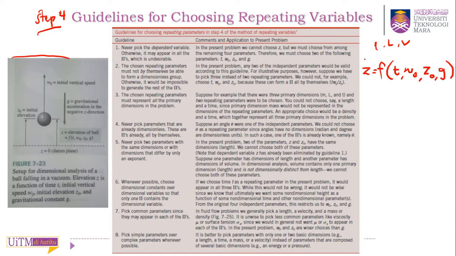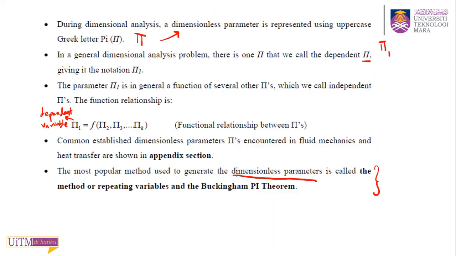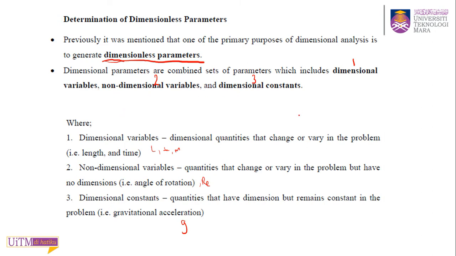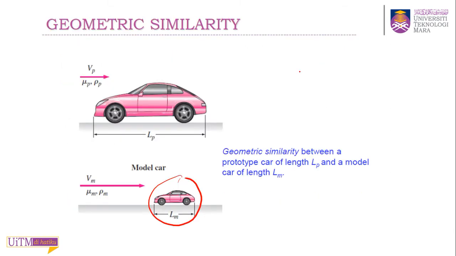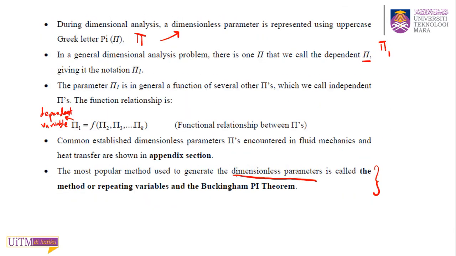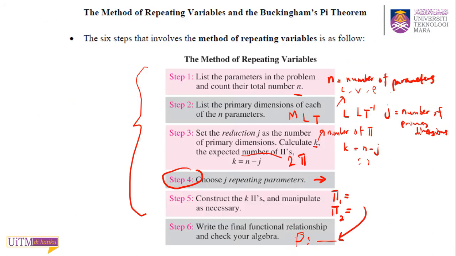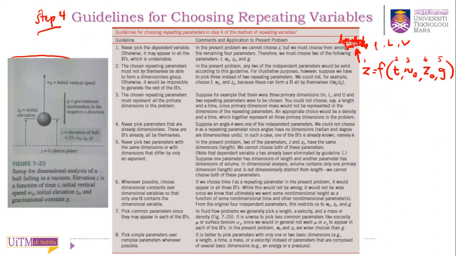So you have 1, 2, 3, 4, 5 parameters, and z is the dependent variable, because the elevation z is a function of time, vertical speed, initial elevation, and also g.